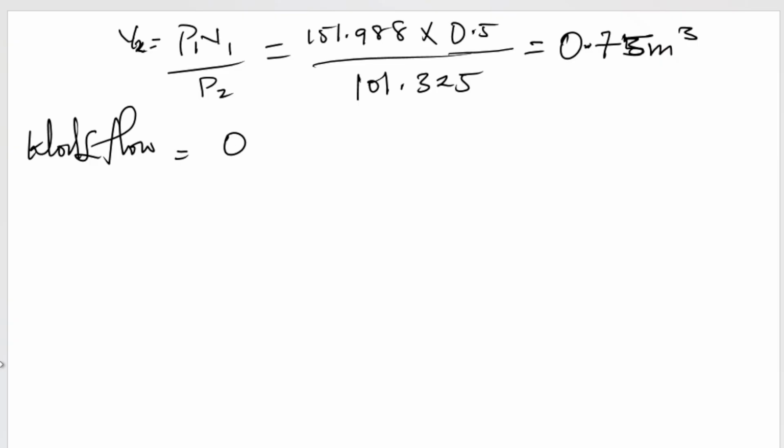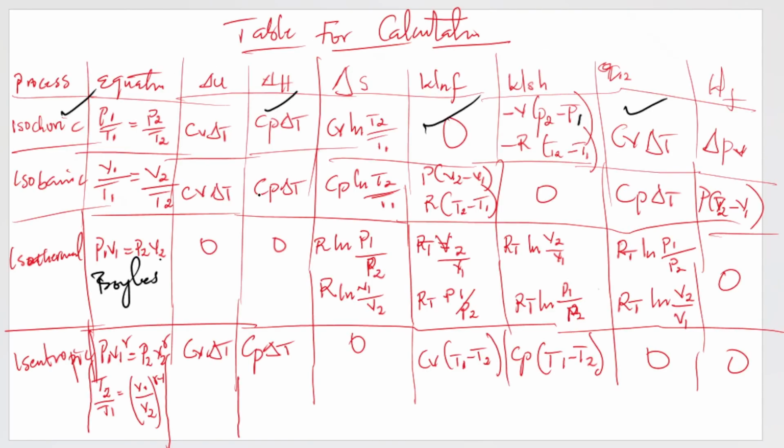Now the next thing is to calculate your non-flow work. Now from the table, what's non-flow work? From your table, we simply have the equation for our isothermal process, which is this: RT ln V2 over V1.